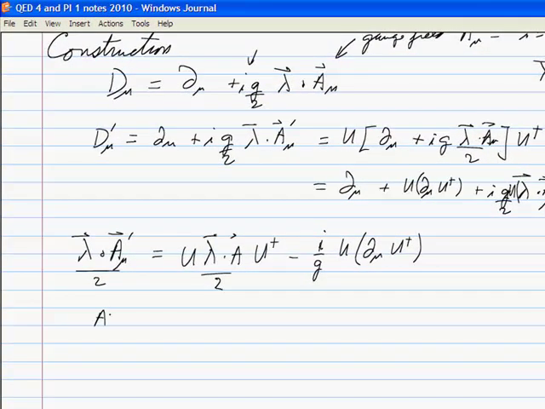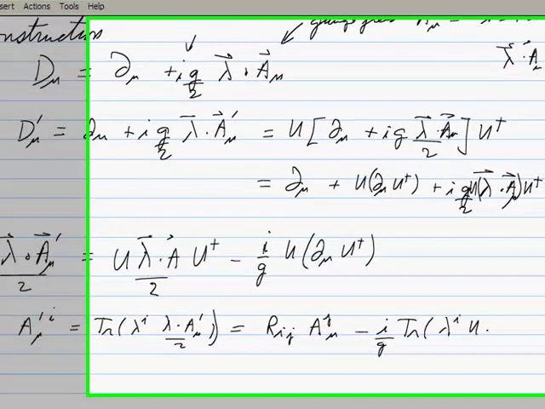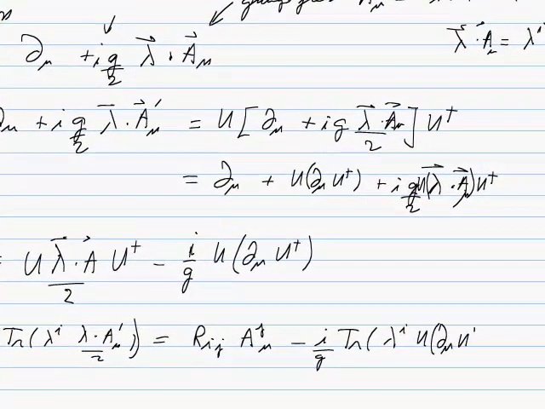You want lambda A prime I, which is just the trace of lambda I lambda dot A prime over 2, which is then this: R i j, which I defined before, A j mu, minus I over G trace lambda I U d mu U dagger.